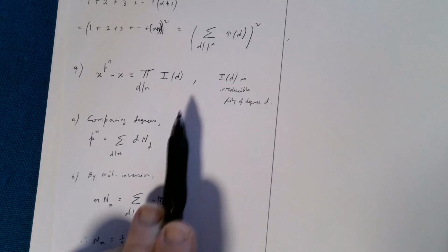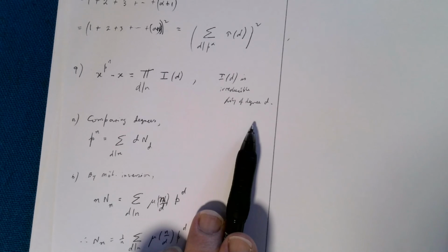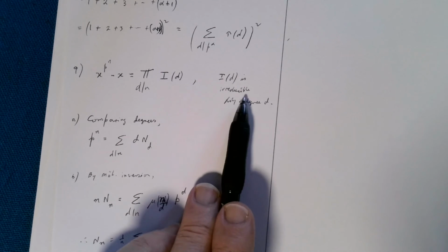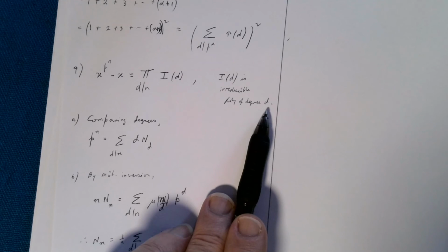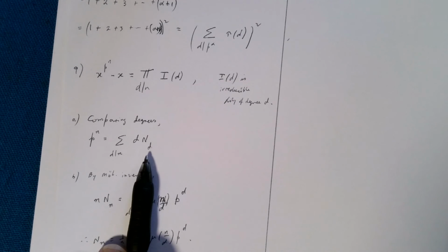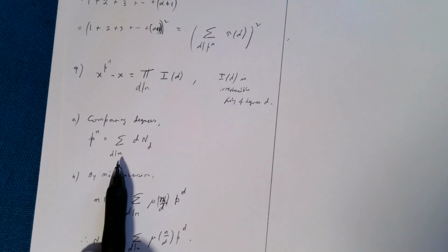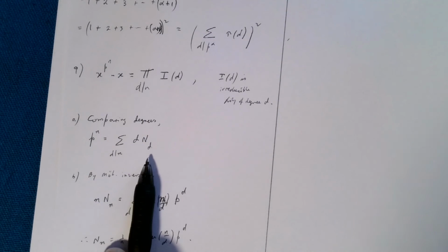And on this side, each irreducible polynomial of degree d will contribute d to the total degree, and there are N sub d of such polynomials. So the total degree will be given by the sum over the divisors of n of d times N sub d.